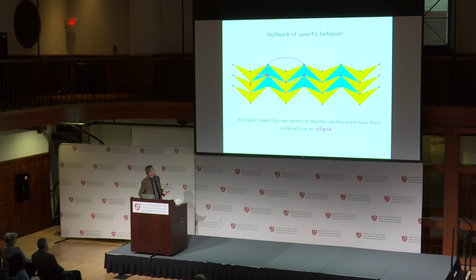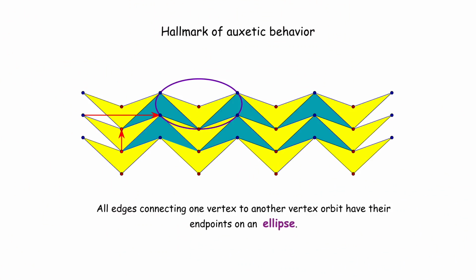And here we have an ellipse then. What I want you to observe is that we are at one type of vertex and we look at all the edges emanating from it. I have these 4 edges, so with the origin and the extreme of these 4 edges, I have my 5 points. And I trace the conic, and the ellipse explains the auxeticity.